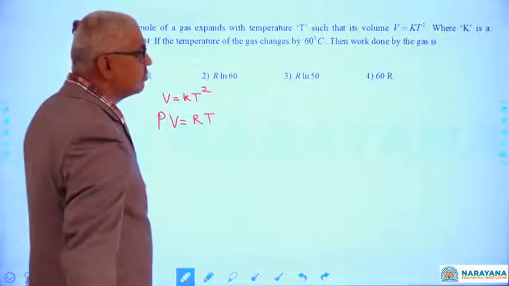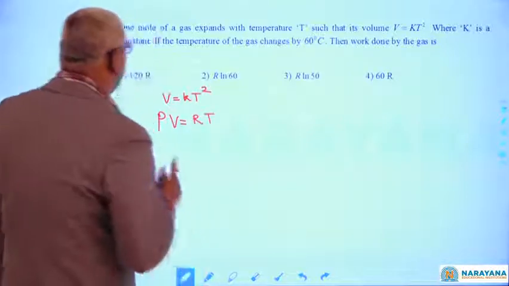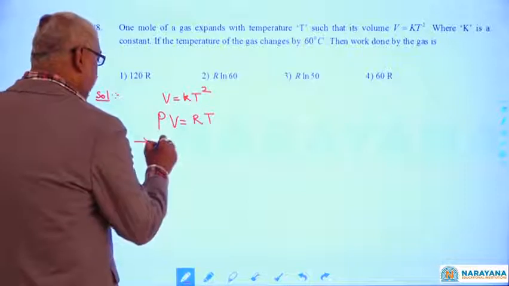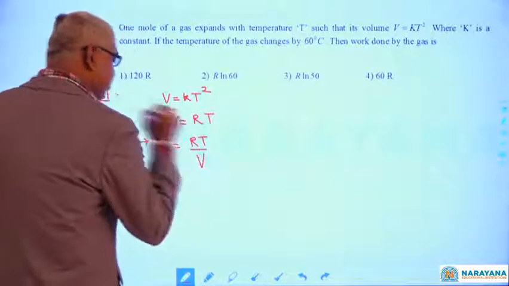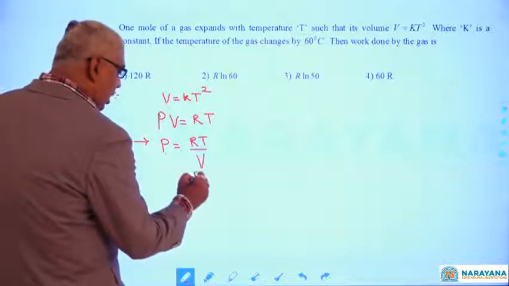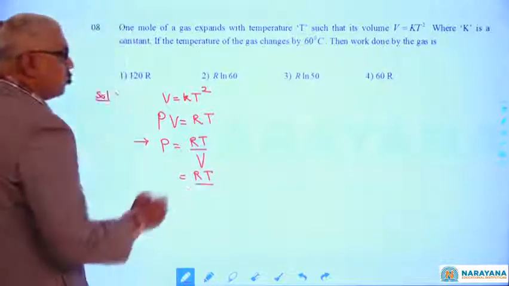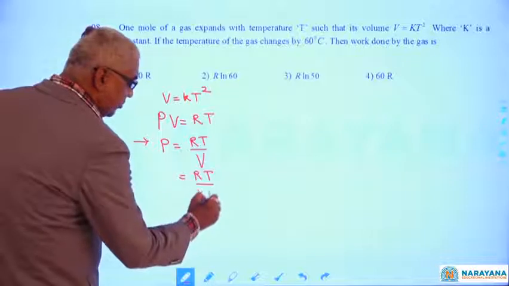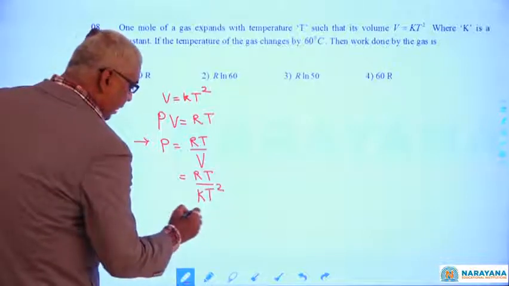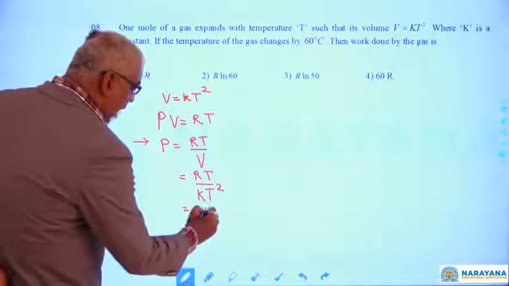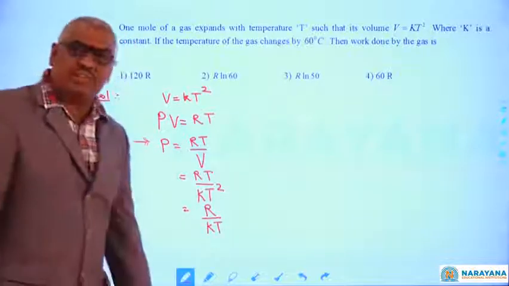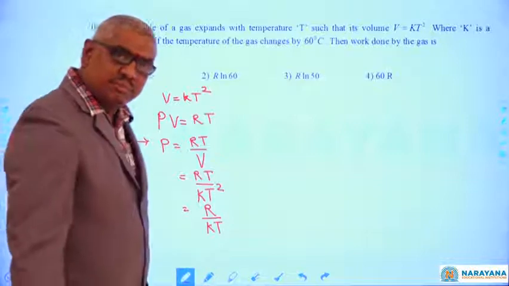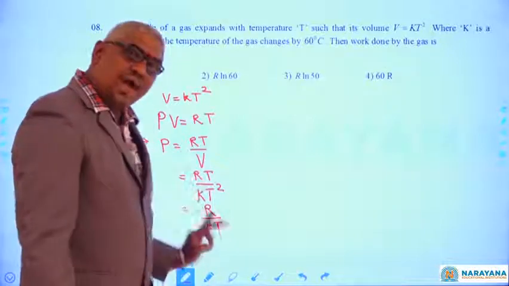Then after that, P equal to RT by V. V means kT square here. Then cancelling T, what are we having? R by kT. So the pressure is given as R by kT.